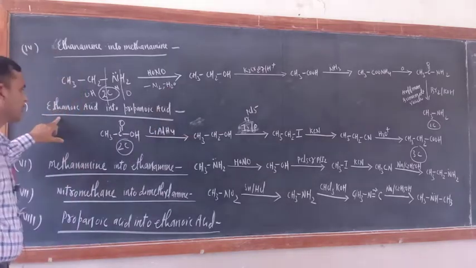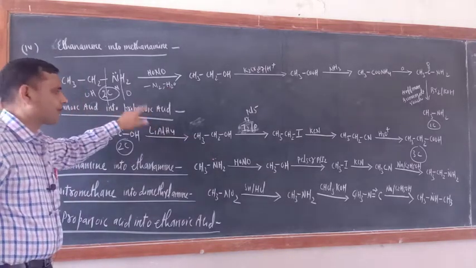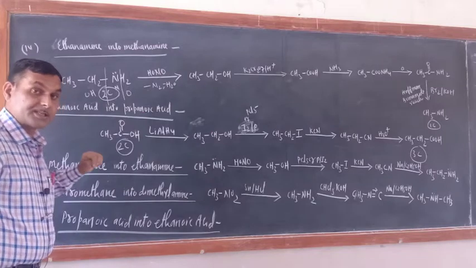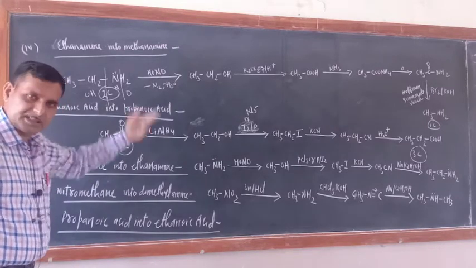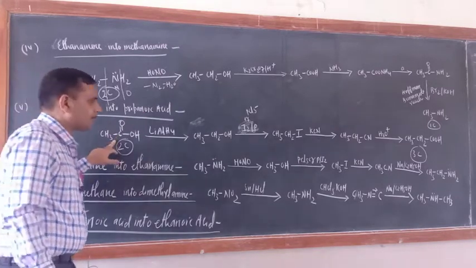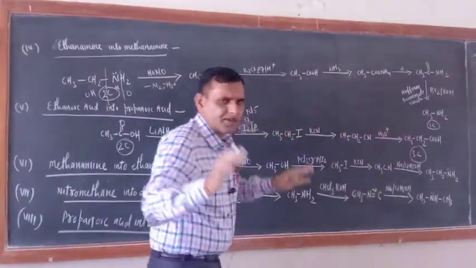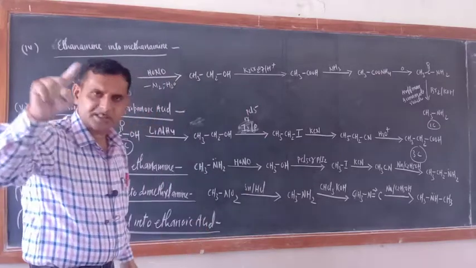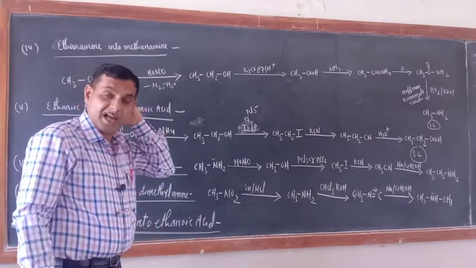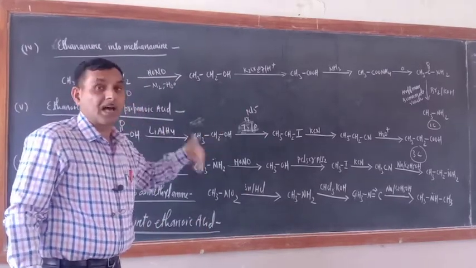Let us see the next one. Ethanoic acid to propanoic acid. Okay, just see, this is an example of ascent of series. 2 carbon atoms are there, and in the final what is there? 3 carbon atoms are there. So simple, for ascent of series, reaction with KCN should be there, and KCN reacts with the alkyl halide.